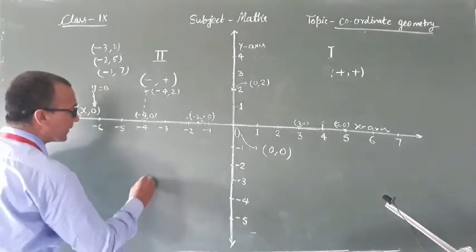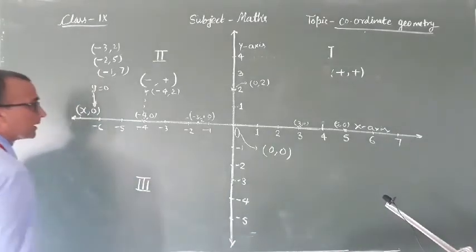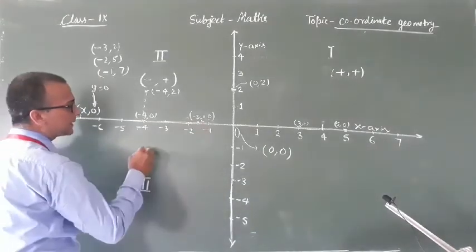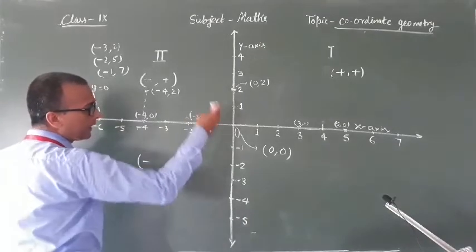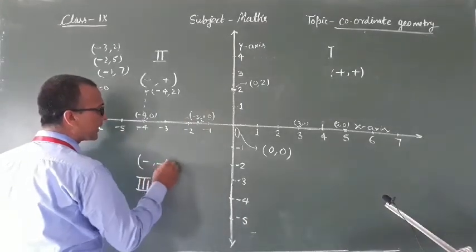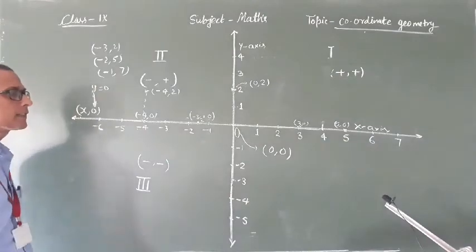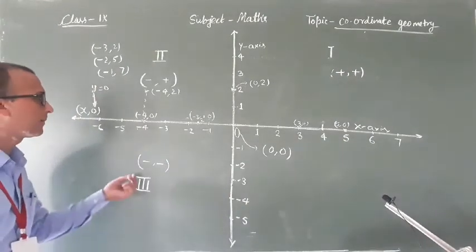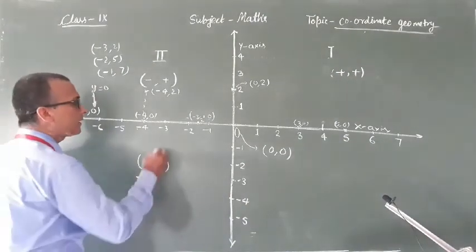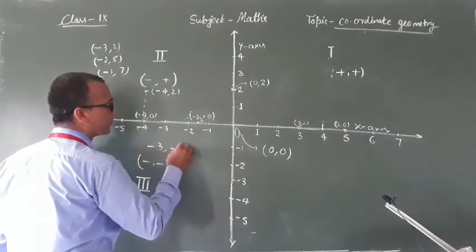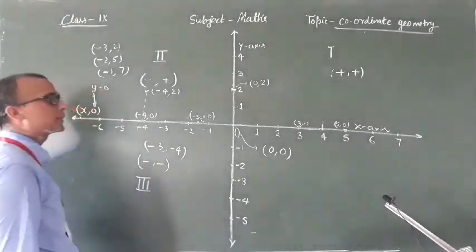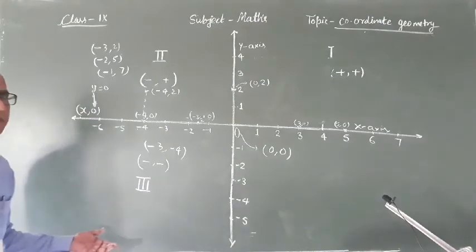In the third quadrant, the value of the x-axis is negative and the value of the y-axis is also negative. So all the points situated in the third quadrant will be negative and negative. For example, (-3, -4). What will be its position? In which quadrant will it be situated?